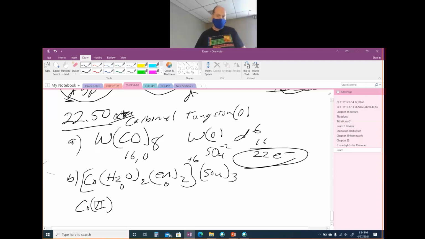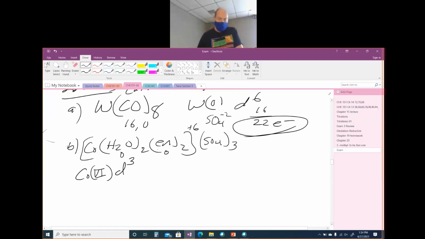So cobalt 6, if you want the d electron count, you find cobalt on the periodic table, which is number 27. The number above it is 9, so that is a D3. All right, and so we have diaqua. Then we have 2 ethylenediamine.